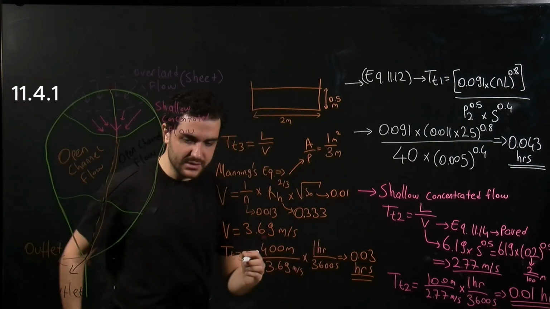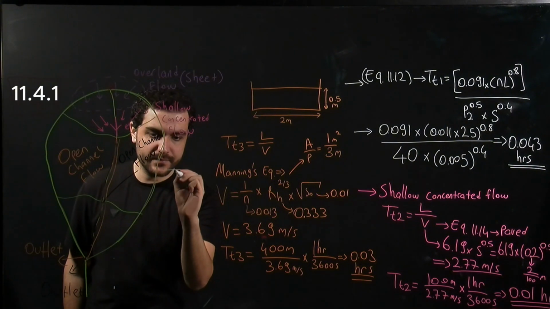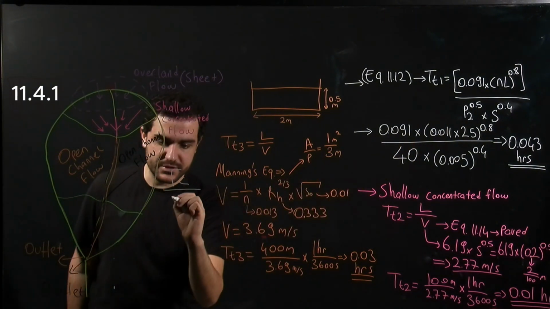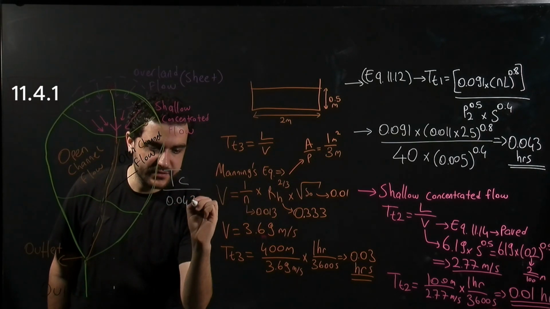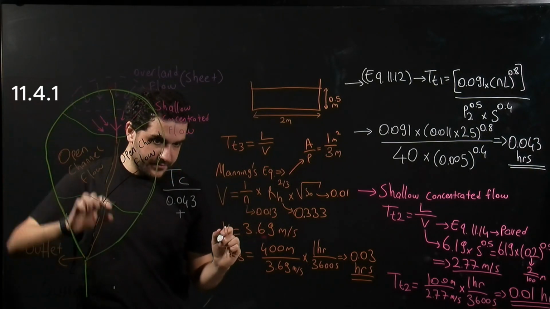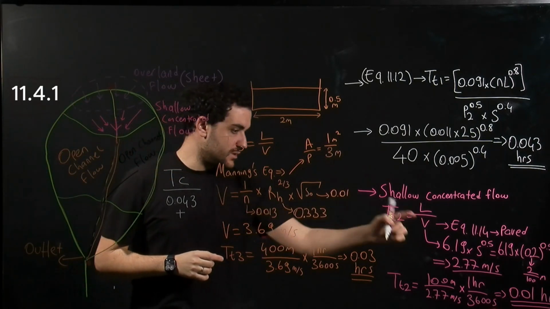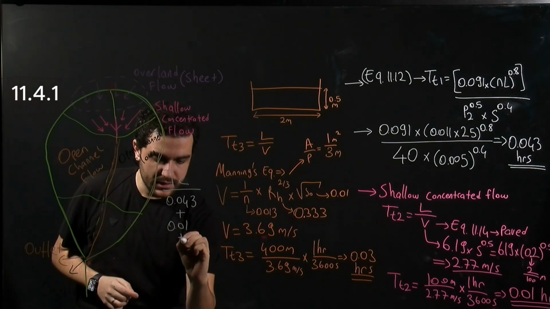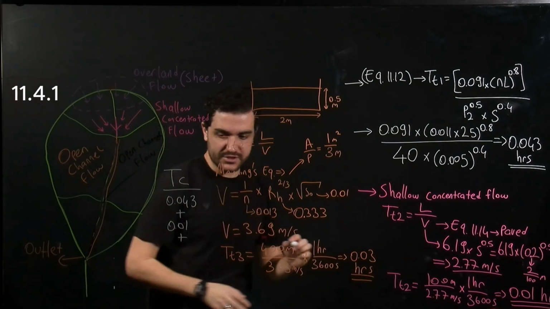So the total time of concentration: we have 0.043, which is the overland flow, we have 0.01, and we have 0.03.